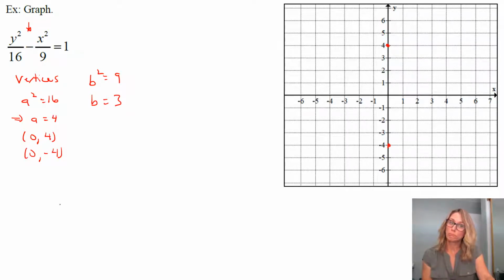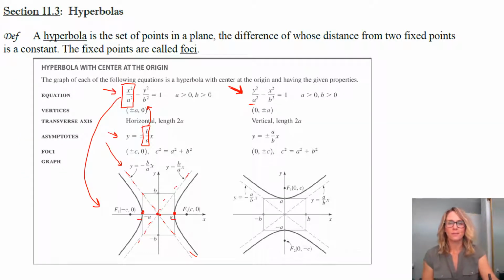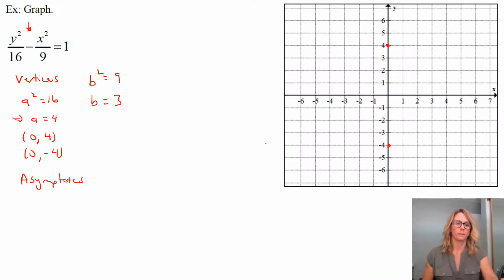And then that allows us to find the asymptotes. So let me come back over here one more time. Our asymptotes are going to be created in this case, as you can see, by two lines: plus or minus a over b times x.